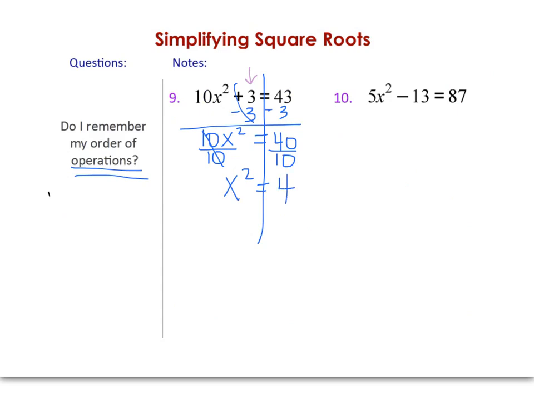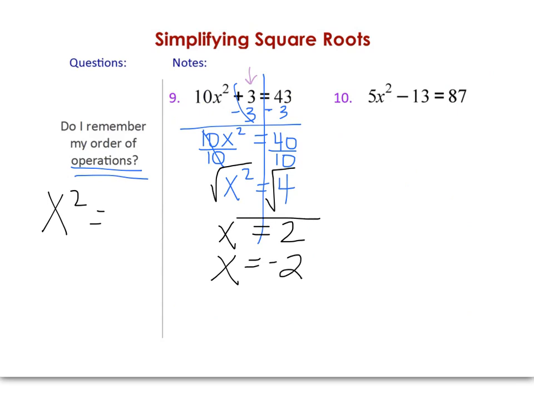Well, once I get to x squared equals, I can take the square root of both sides, and I get x equals positive 2. But we also said it could equal negative 2. So if you look back, this was the answer to the first problem we did on the other page. It's just a different way of solving essentially for the same x value.